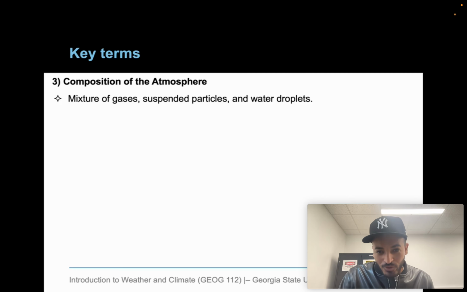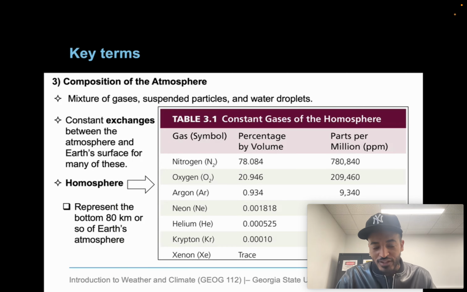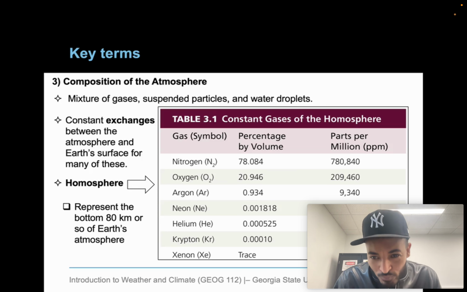But most importantly, if we look at the composition of the atmosphere, almost all of these gases are found in what we call the homosphere. I will come to that point later.